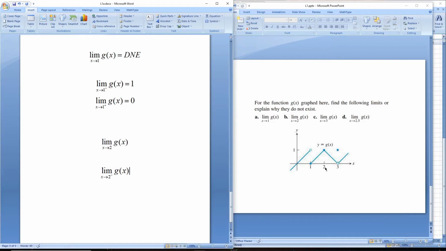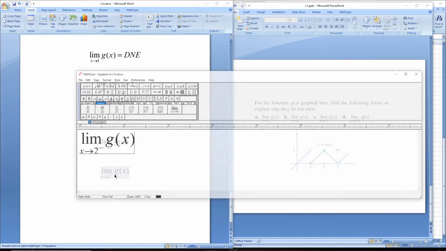So our point of interest is 2, an input of 2, and we want to approach from the left. So approaching from the left puts us on this piece. And if we were a little person walking along this function, as we got closer and closer to an input of 2, we would find ourselves at a height of 1. And that's the limit.